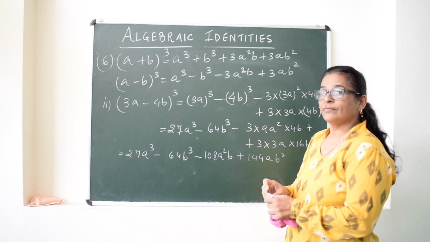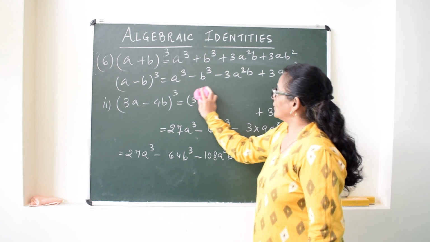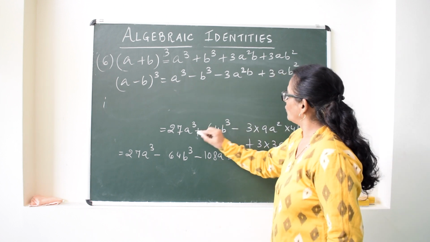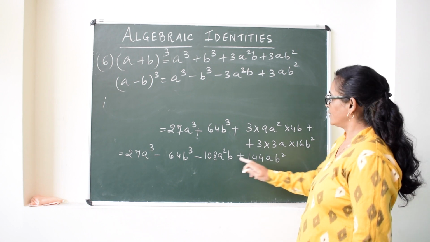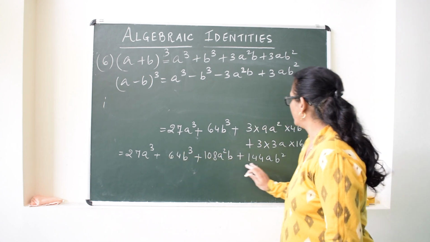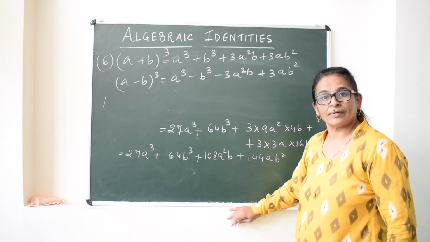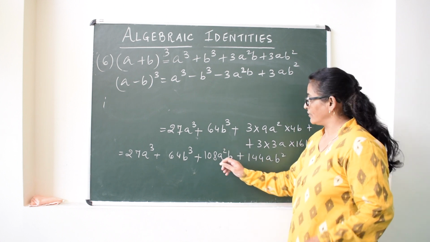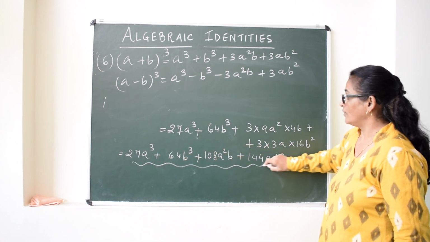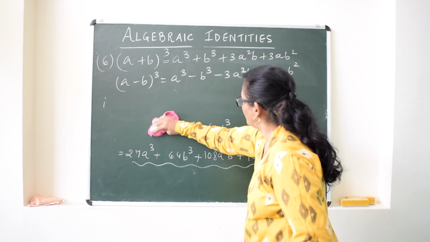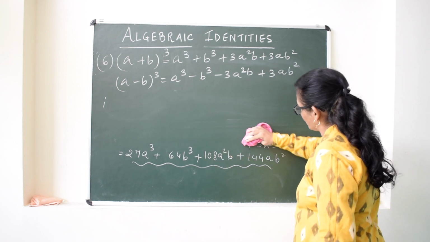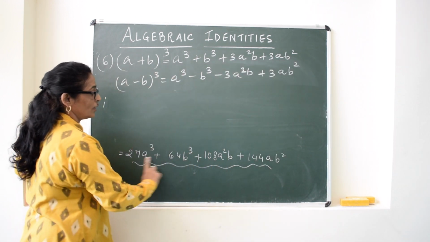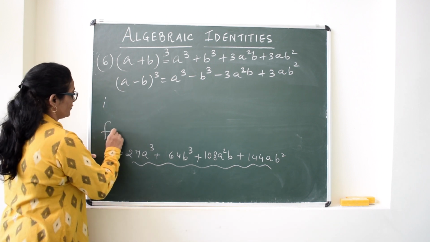For example, if the question is factorize 27a cube plus 64b cube plus 108a square b plus 144ab square, the question is the opposite, that is factorize. Factorize means from the RHS we have to go to the LHS. So what will we do when the question is a factorization question? Then we'll compare it with the identity. All are positive. The question is factorize.